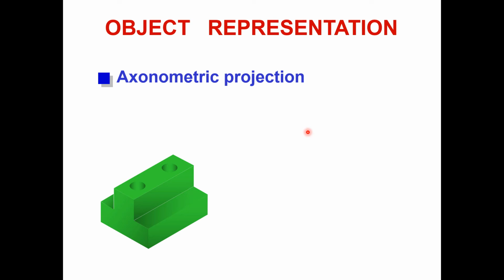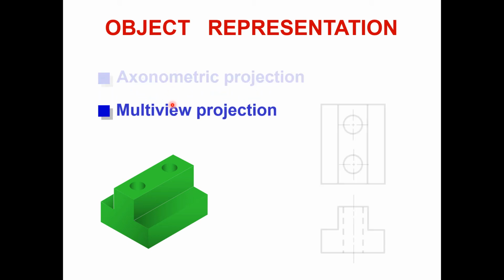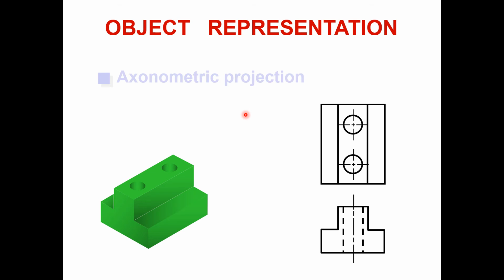In the last lecture, I also discussed that axonometric projection gives three dimensions in one view, while in multi-view projection we have to draw multiple views to get the object features and shape. Axonometric projection does not give the actual size and shape, but multi-view projection gives us the actual shape and size. So in this lecture we will follow multi-view projection.